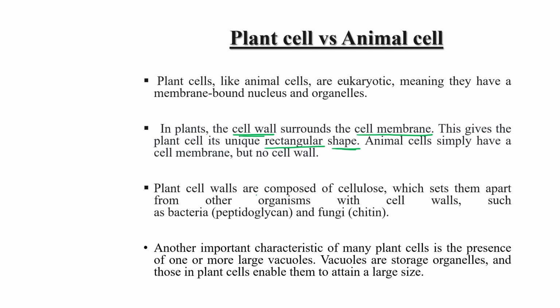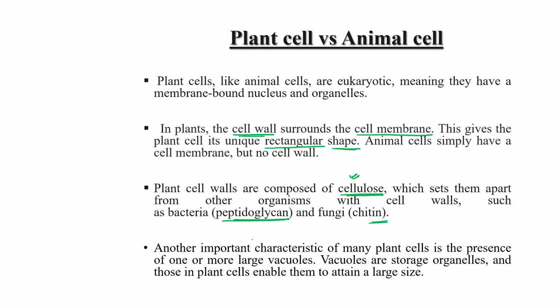Plant cell walls are composed of cellulose, which sets them apart from other organisms with cell walls. In some bacteria, the cell wall is made up of peptidoglycan. As I told you, prokaryotes also have a cell wall, but the type of molecule is different from the plant cell. The plant cell wall is made up of cellulose, a macromolecule, while in bacteria peptidoglycan is there, and in fungi chitin is there.